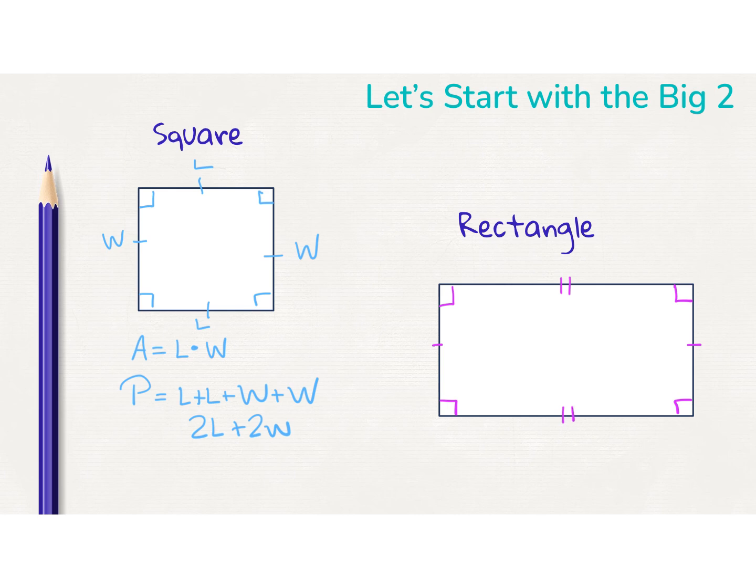As you can see, I am adding a hash mark on the up and the down to show that they're the same, similar in length as the ones on either side. If we say that this is the width and this is the length, the area is exactly the same. The area would be the length times the width, and then the perimeter would again be 2L plus 2W.